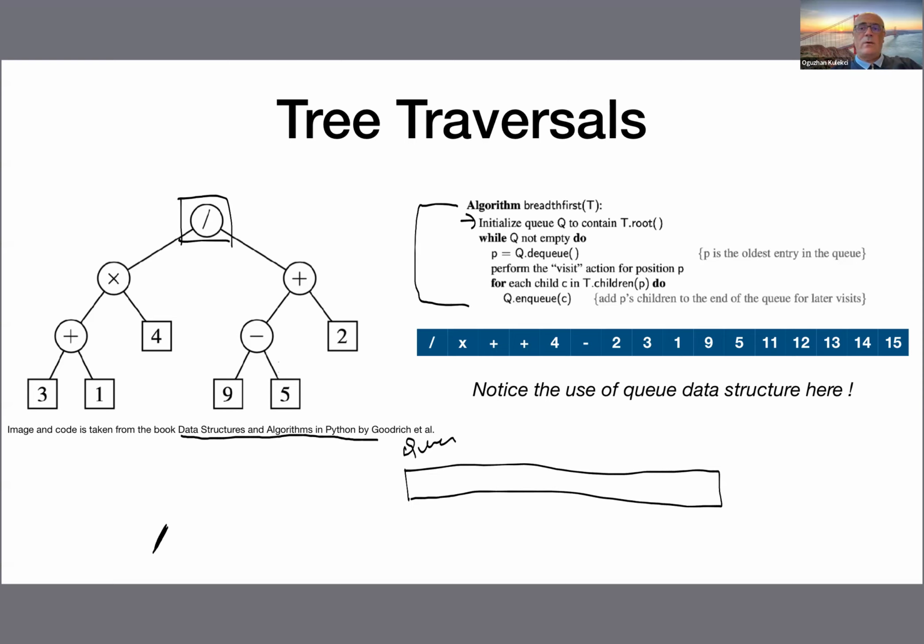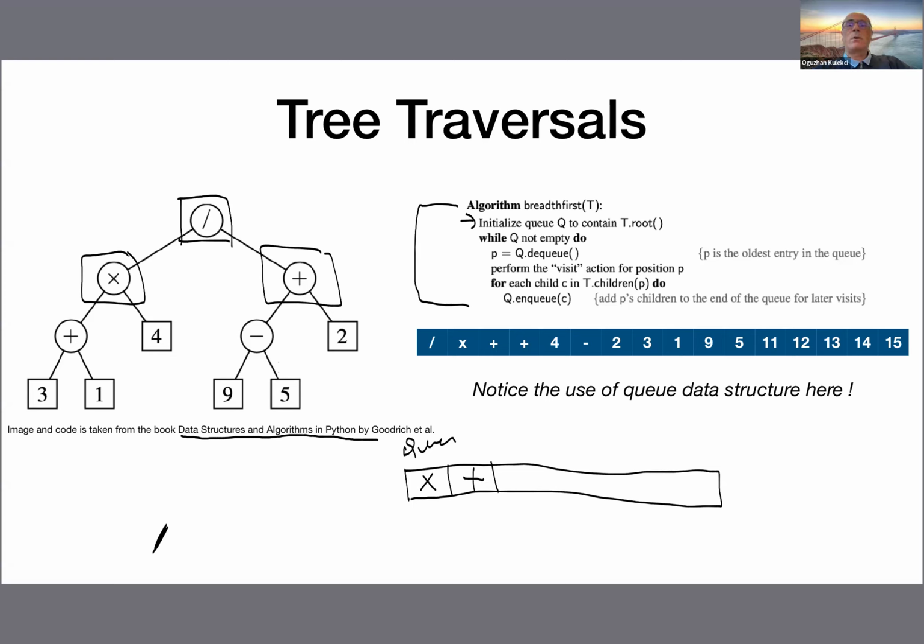When you have this node fetched from the queue, I will go to that node and enqueue its children into the queue. So who are the children of this node that I just extracted from the queue? They are these nodes. That is why I enqueue the multiplication operand and the addition operand to this queue.